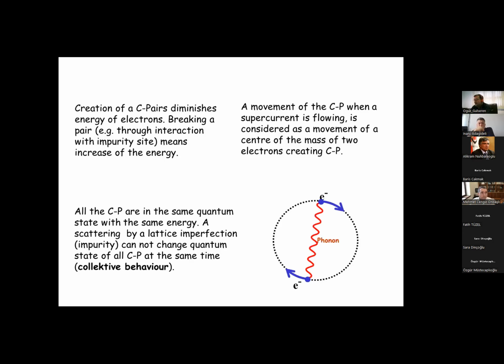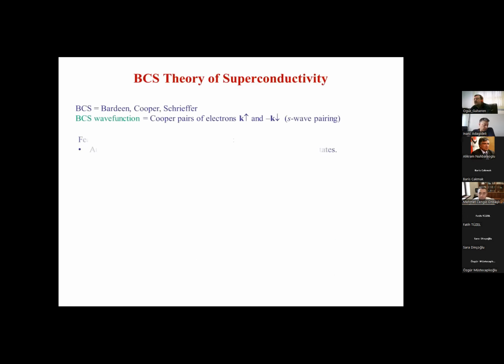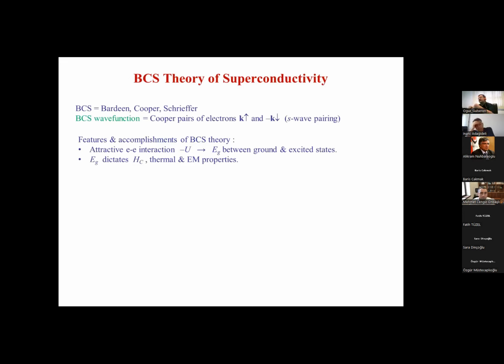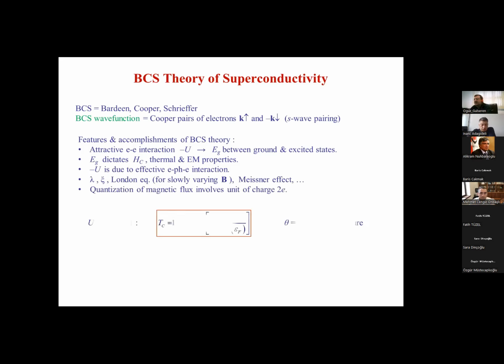Maybe I can cut the long story short. Because of this, the Cooper pair avoids the scattering through the lattice and so on. Avoiding these scattering mechanisms, you go to zero resistivity. Well, this is the result of the BCS theory.